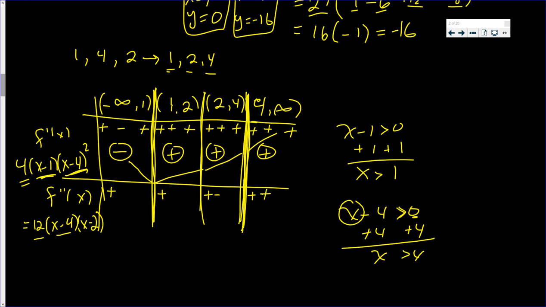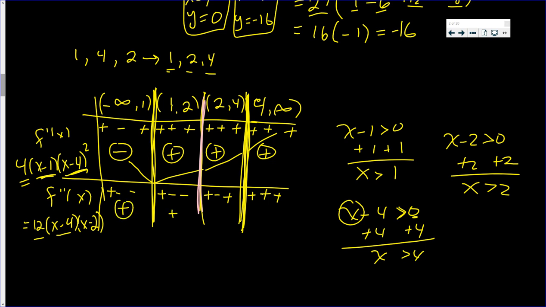The other ones, x's are all less than 4. When is x minus 2 positive? Well, when x is more than 2. That happens to the right of this line. So I put positive to the right and negative to the left. The overall sign is positive, positive, negative, and positive. So it is concave up, concave up, concave down, concave up.